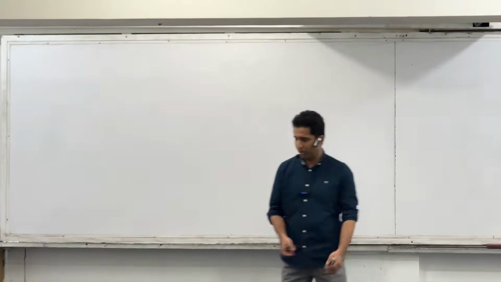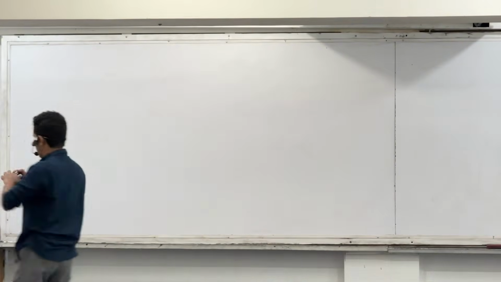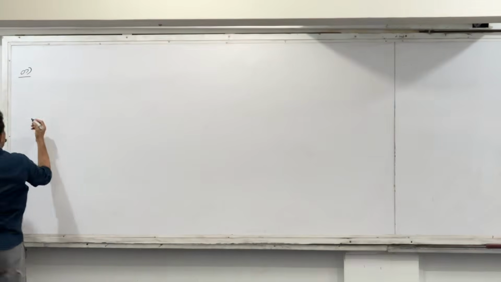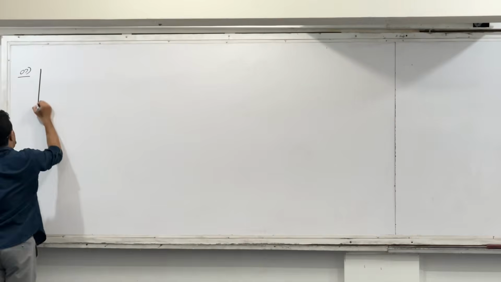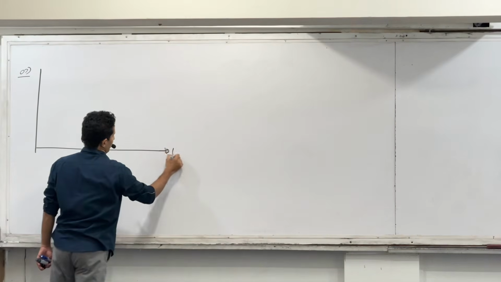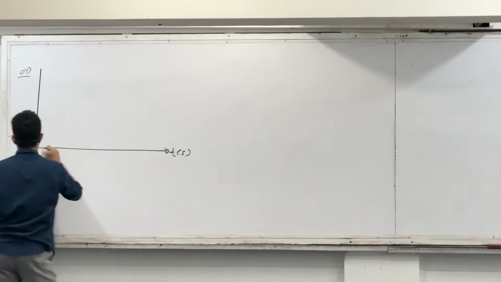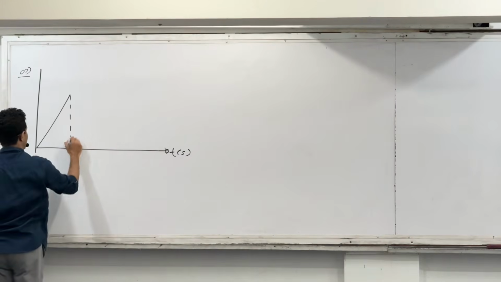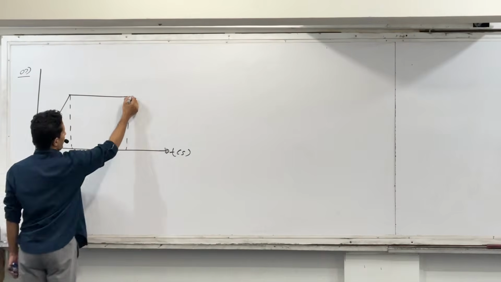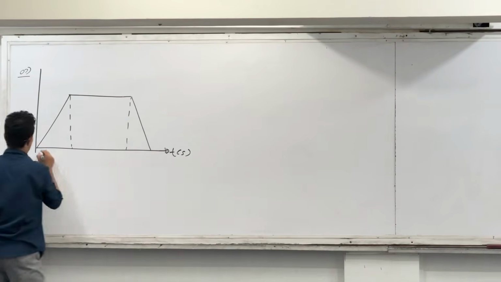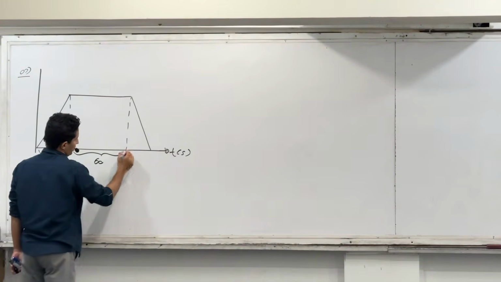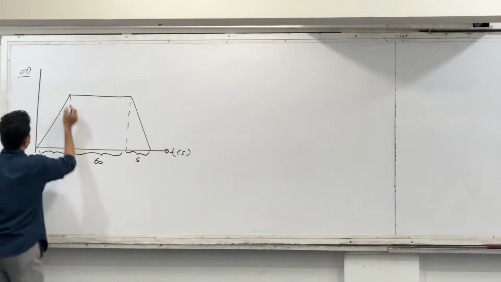This is question number 7. Start from rest and accelerate for 10 seconds, then constant velocity for 1 minute, and within 5 seconds come to rest. So this is 10, 60 and 5.